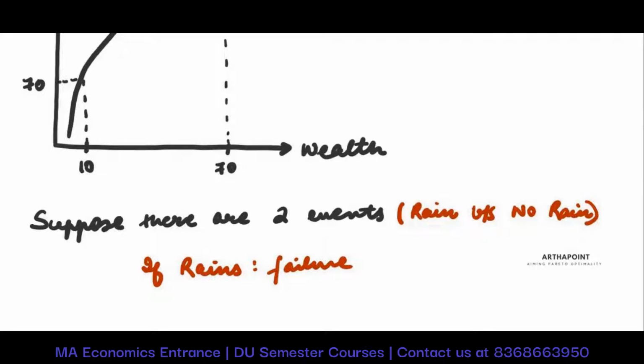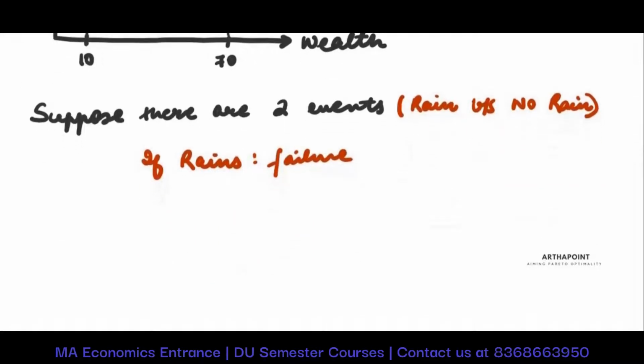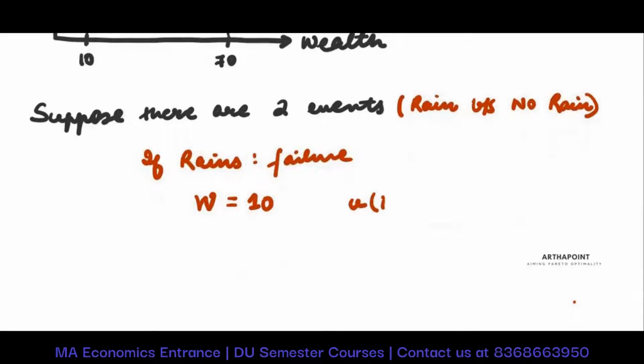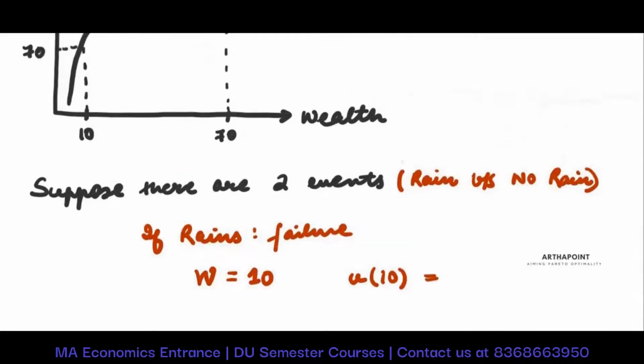So if it rains, then the wealth is becoming 10. And if the wealth goes down to 10, then the utility that the individual gets from this 10 will be 70.